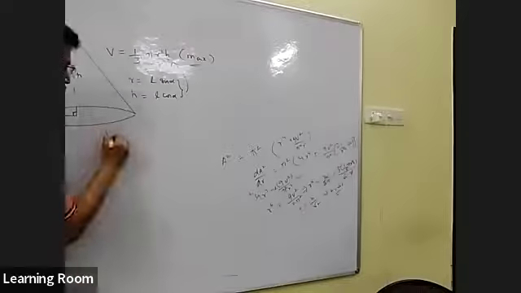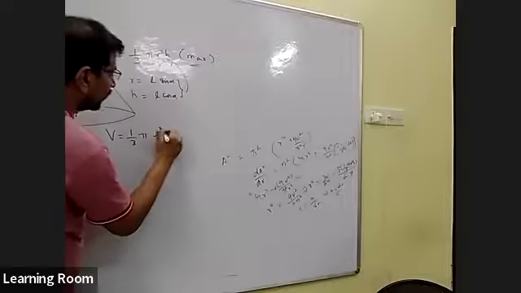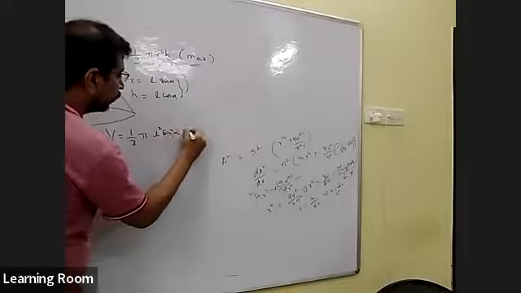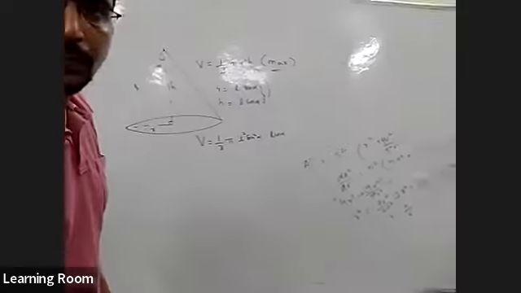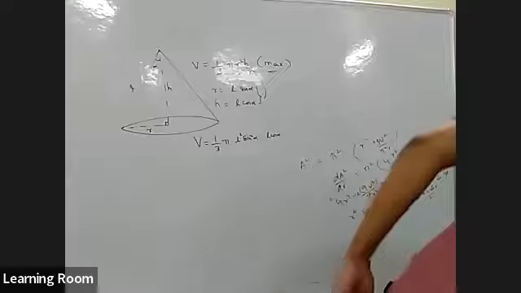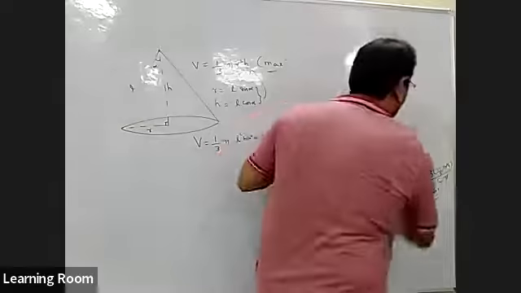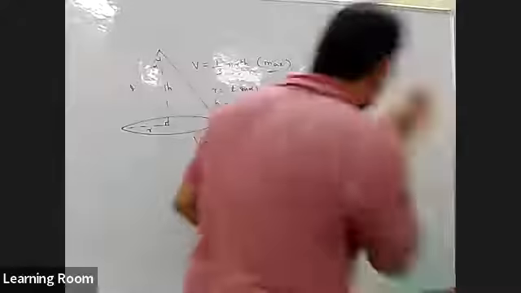So what will be the value of volume? 1 by 3 pi into L square sin square alpha into L cos alpha.